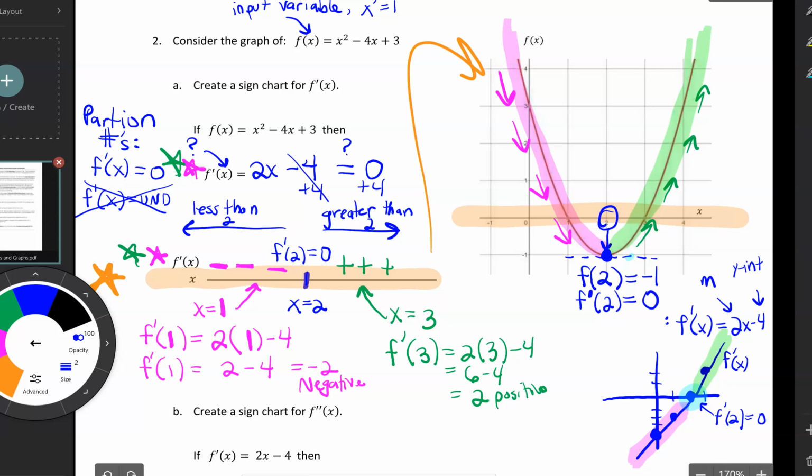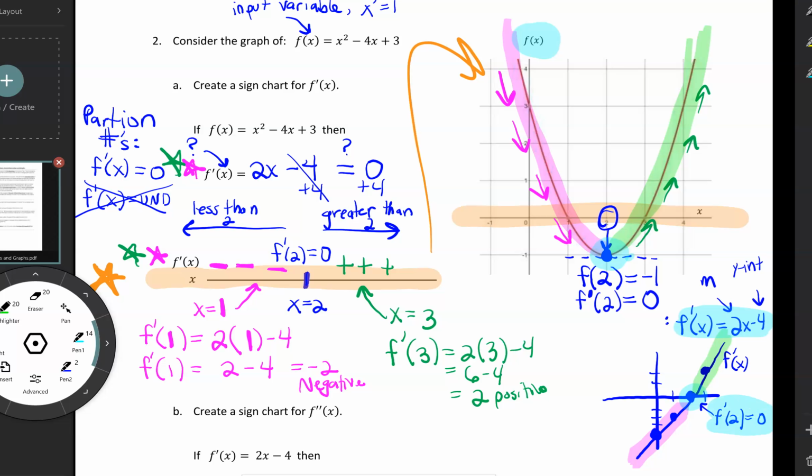right? So I was trying to show that this point on the original graph, I can read from that minimum value that the derivative would be 0. If I look at the derivative graph over here, the derivative graph crosses the x-axis at x equals 2 because the derivative, the output on that graph, when x is a 2 on the derivative graph, the output is 0.